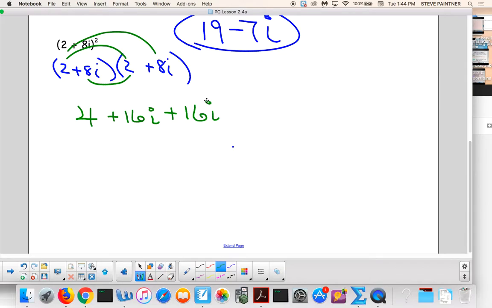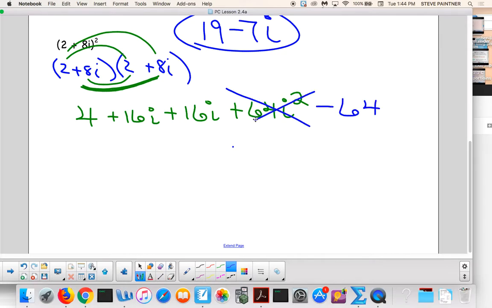Again, the last times the last gets a little messy. What is it? What is this? 64i squared, which really makes what? Negative 64, right? Final answer, real part: negative 60, plus 32i.